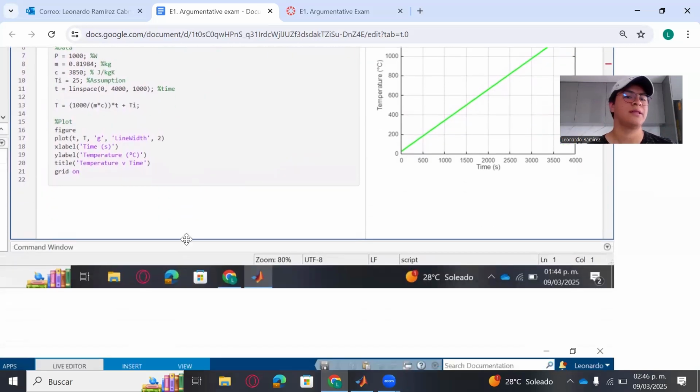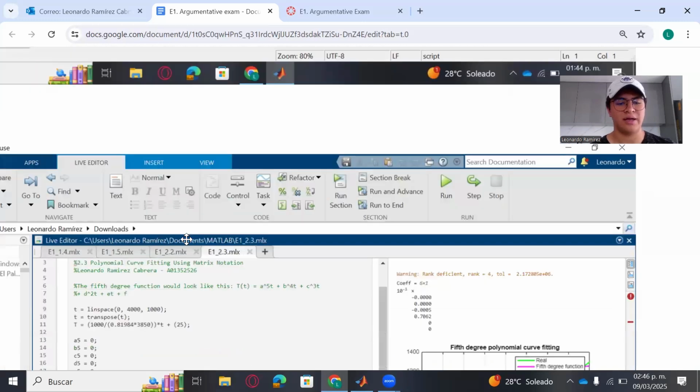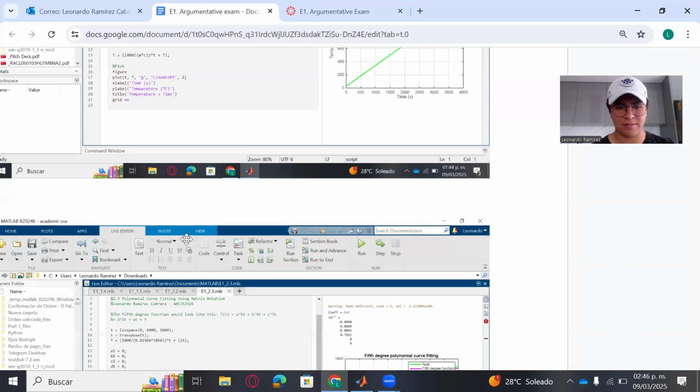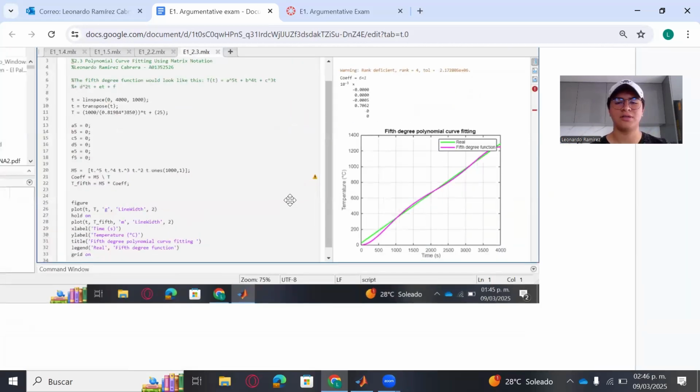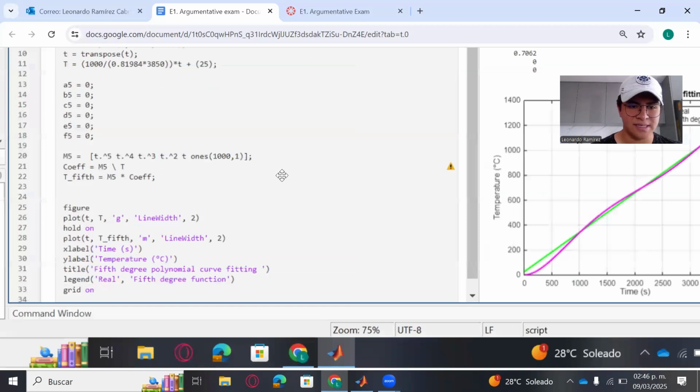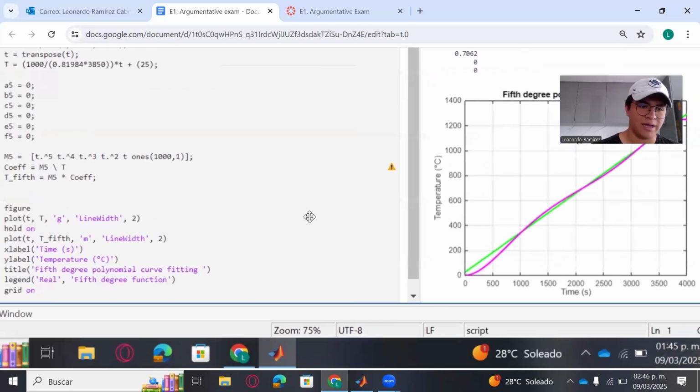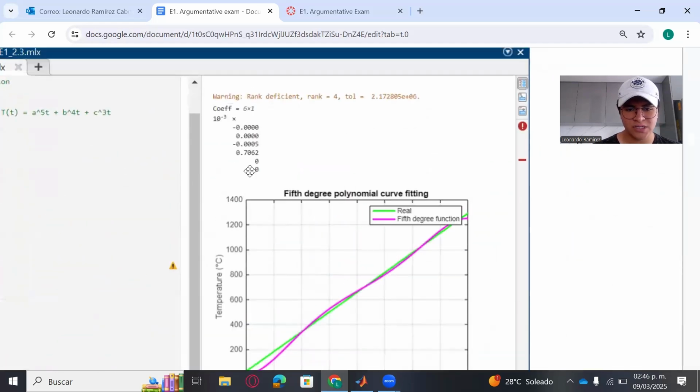But now let us go to curve fitting with a polynomial function. In this case, we're being asked to use a fifth degree, following the same process that we did in class, with the matrix notation and the linear regression, and we end up with these coefficients.